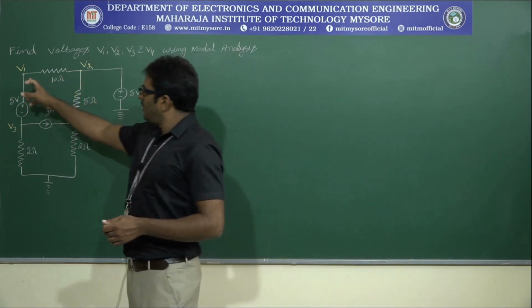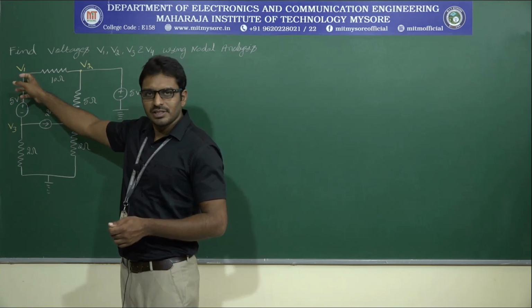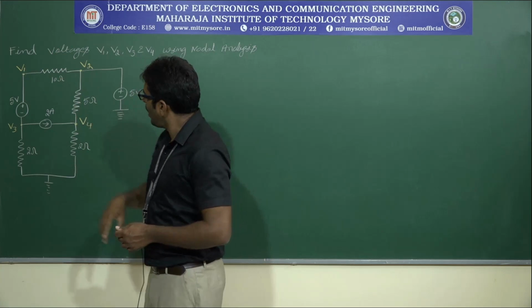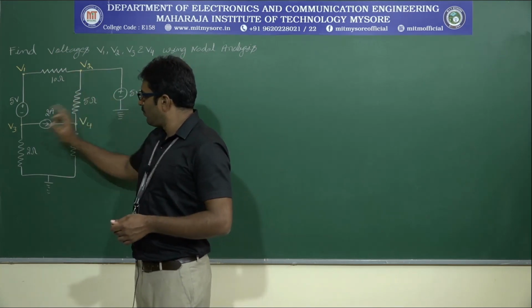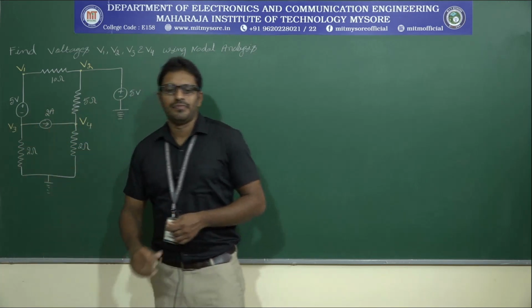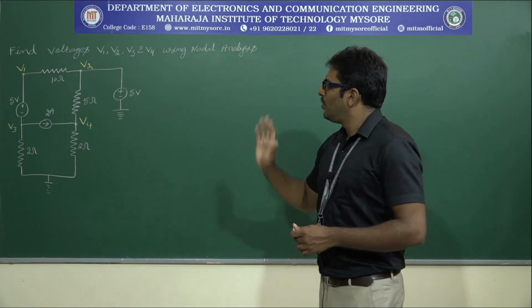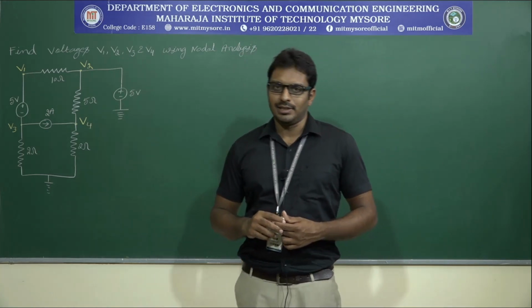Say this is V1, the potential at this point is V1. Actually, this is not a node, this is a junction. Still the voltage at this point is V1 and voltage at this node is V2. Voltage at this node is V4 and V3. Here the question is, find all the node voltages by using nodal analysis.